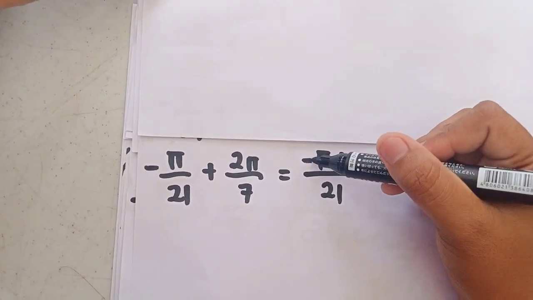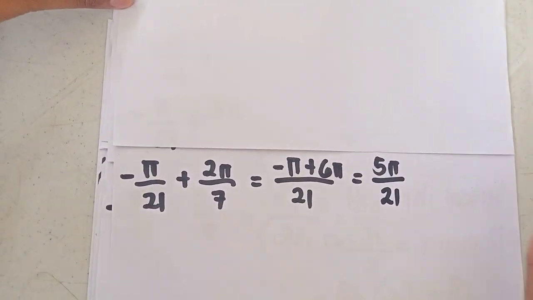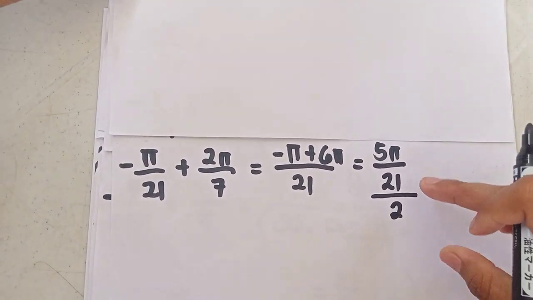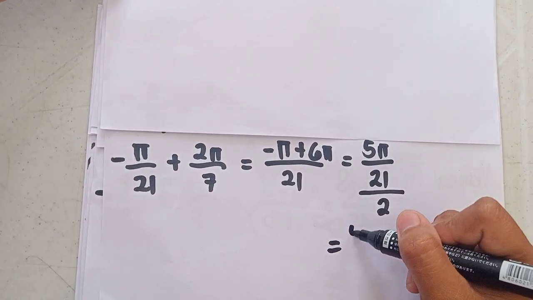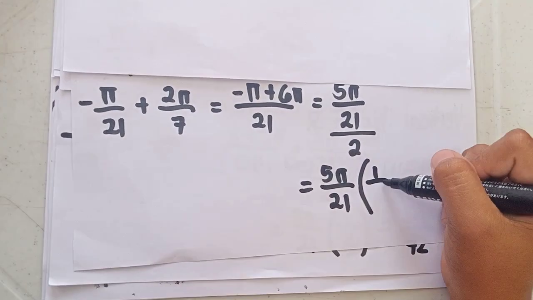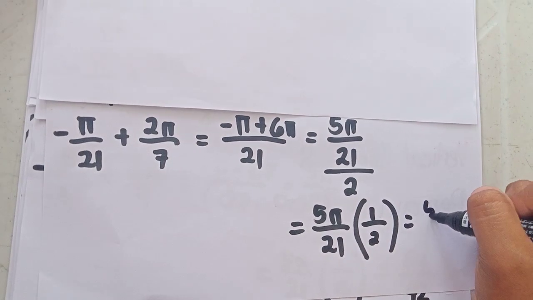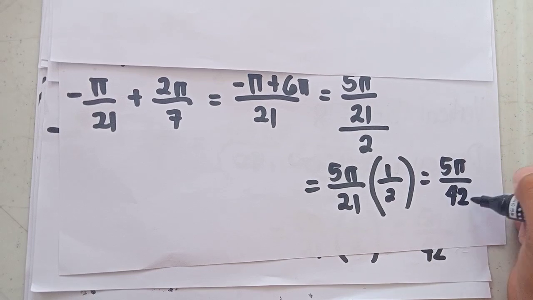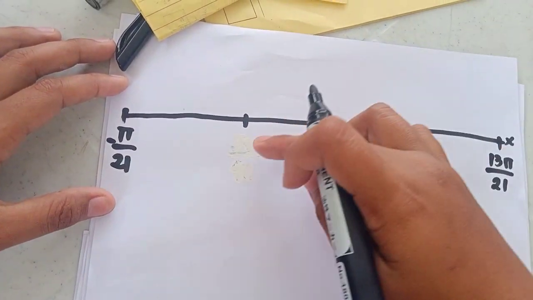So negative pi plus 6 pi equals 5 pi over 21. Then divide by 2, so reciprocal the 2, which is 1/2. Then 5 pi times 1 equals 5 pi, and 21 times 2 equals 42. Then this is our point.